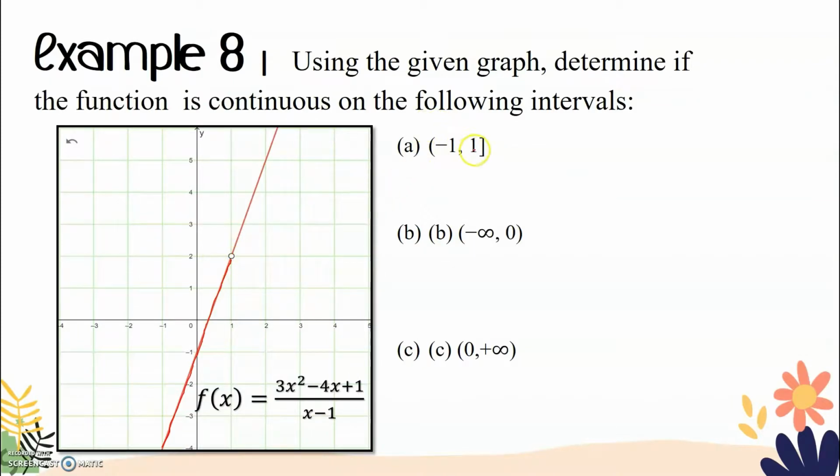Now, in our interval, 1 is included because we used here a square bracket. So since the graph has a hole at x equals 1, then the function is not continuous on this interval. Again, why? Because 1 here is included in the interval.